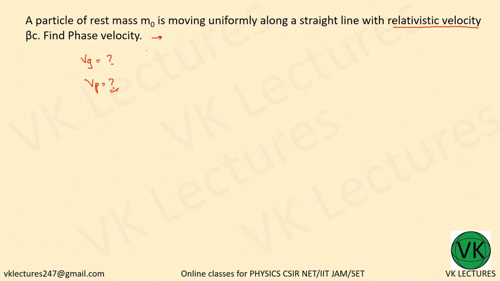Vp is the phase velocity, Vg is the group velocity. Now group velocity is also called particle velocity.